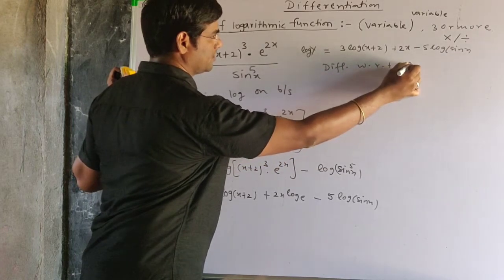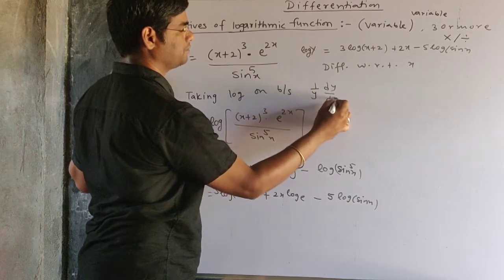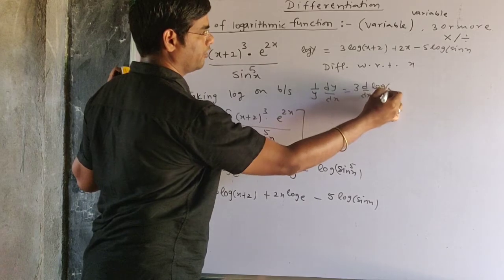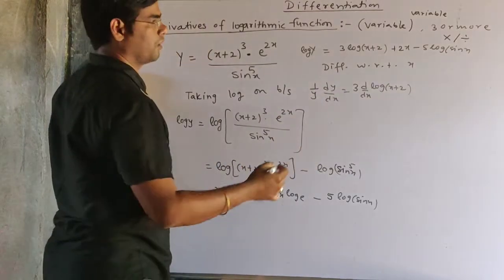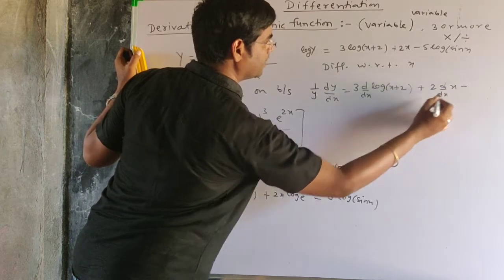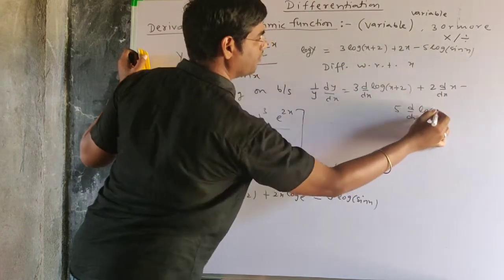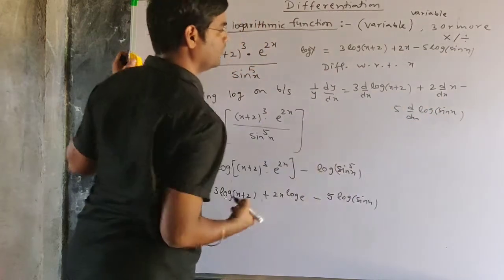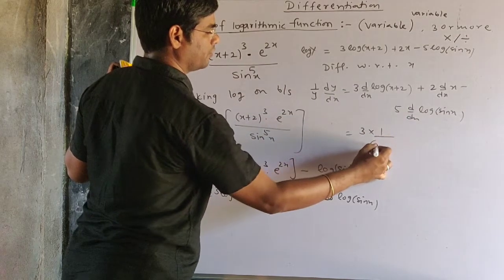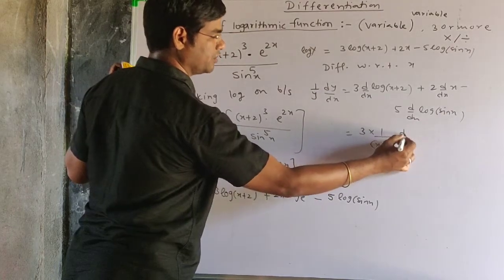On differentiation you will get the derivative of log y is equal to 1 upon y dy by dx. 3 is a constant, so taking the constant common: derivative of log x plus 2, plus 2 times derivative of x, minus 5 times derivative of log sin x. Now the derivative of log x we know is 1 upon x. But if we don't have the term x, that is a composite function, so you again have to differentiate that term.